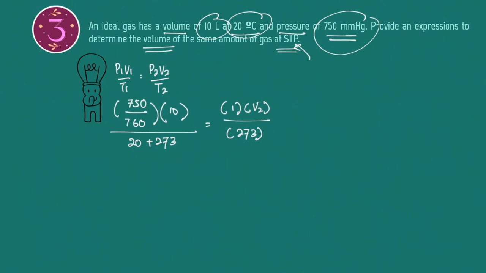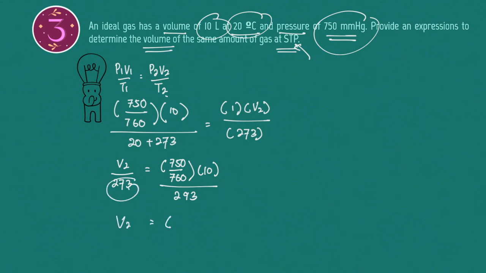Right now, we just need to rearrange this calculation. You will get V2 divided by 273 equivalent to the whole set here: 750 divided by 760 times 10 divided by 293. We are going to bring this one to that side.